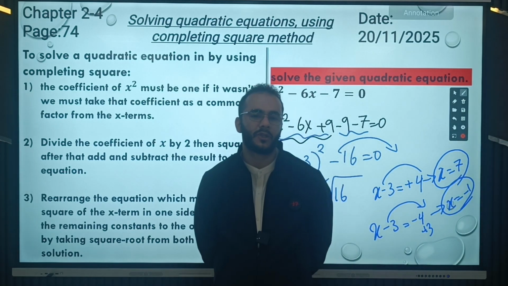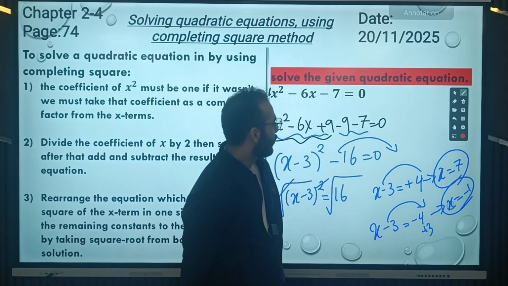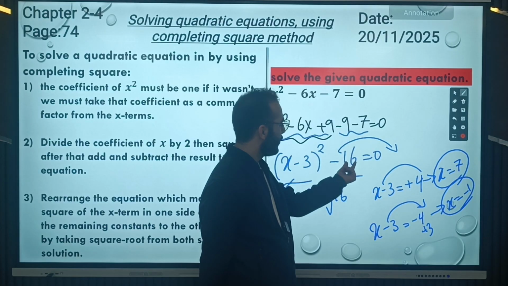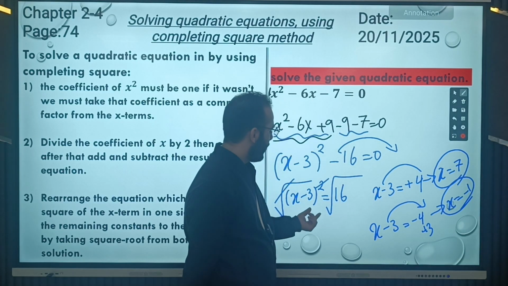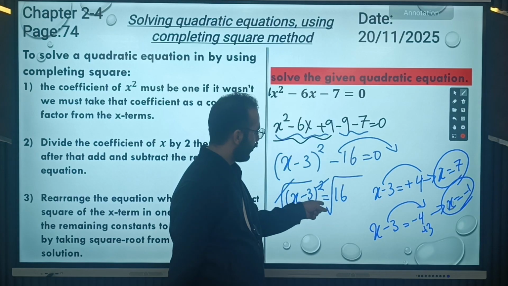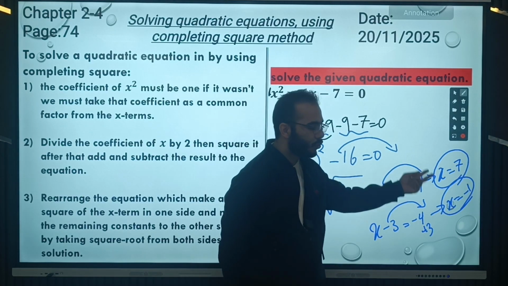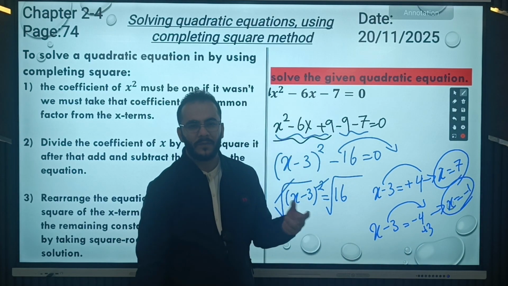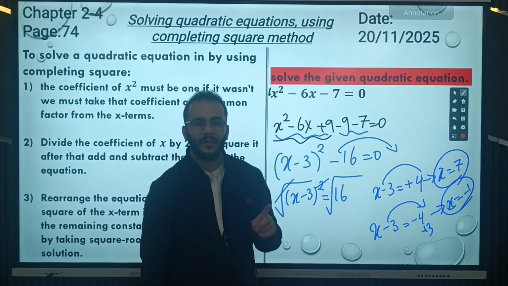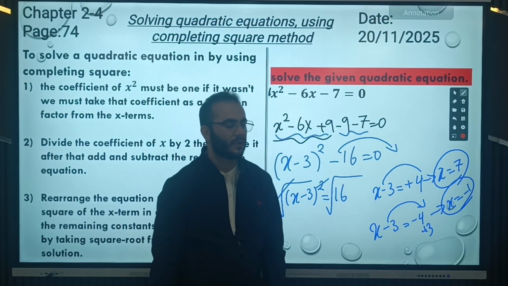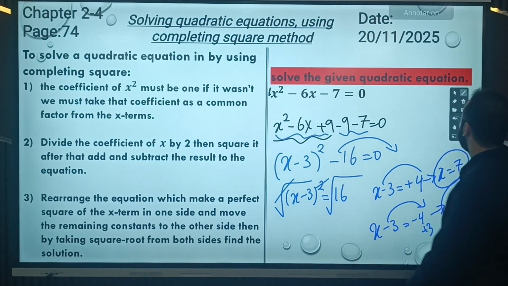Because it's a quadratic equation. Whenever the perfect square form equals a positive number, here 16 is positive, we are going to have two solutions. If it equals 0, we have one solution. If it equals a negative, we have no solution. Perfect.